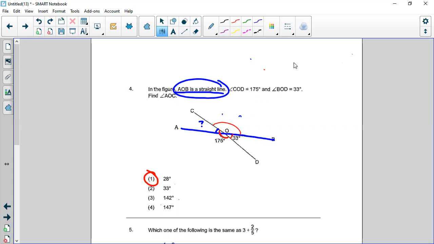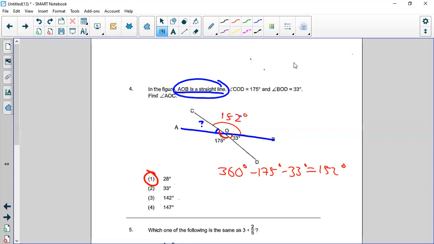Angle at a point is 360. Then you minus 175 and minus 33, and you get the angle on top. So 360 minus 175 minus 33, you will get 152.